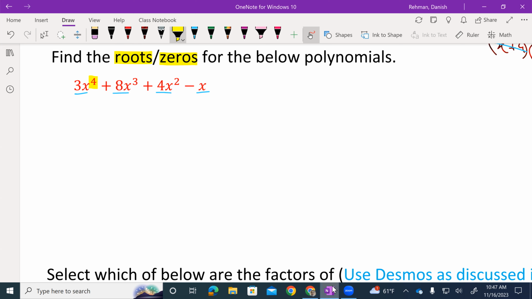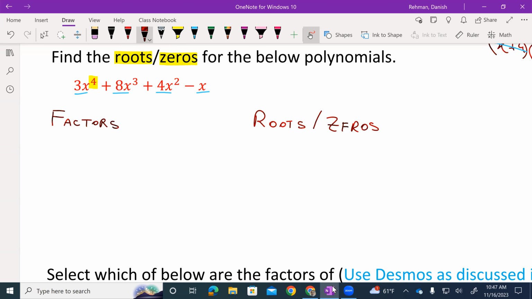Simply, I will try to list down here one by one. I will use the names factors and the roots or the zeros. We were supposed to find the roots or the zeros.